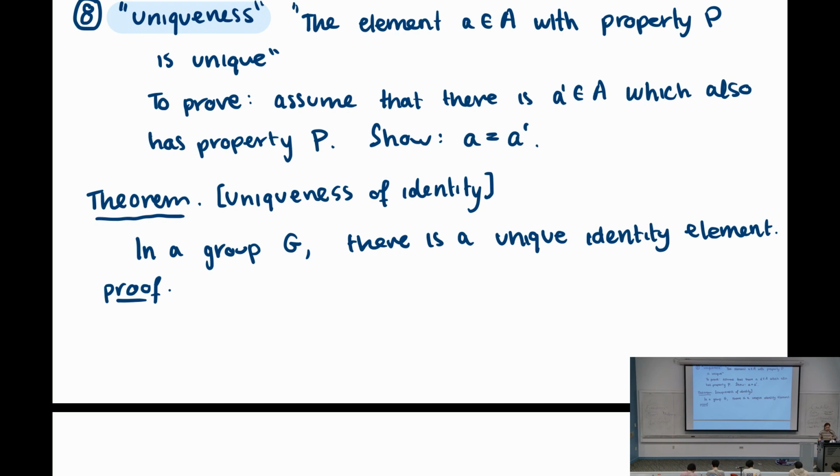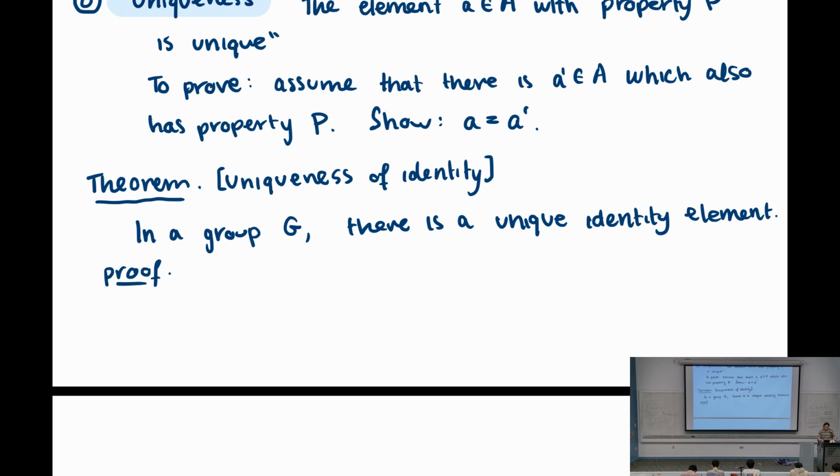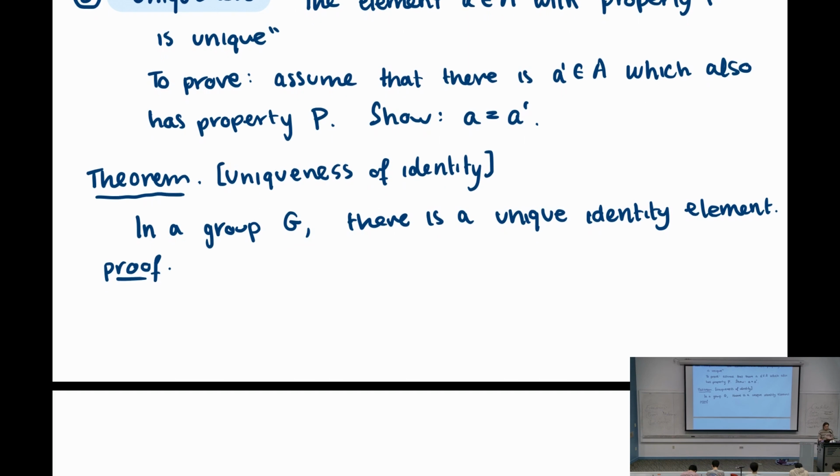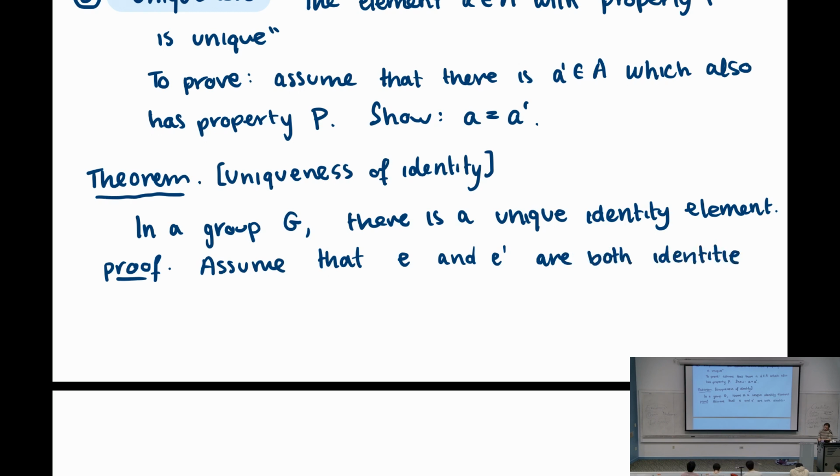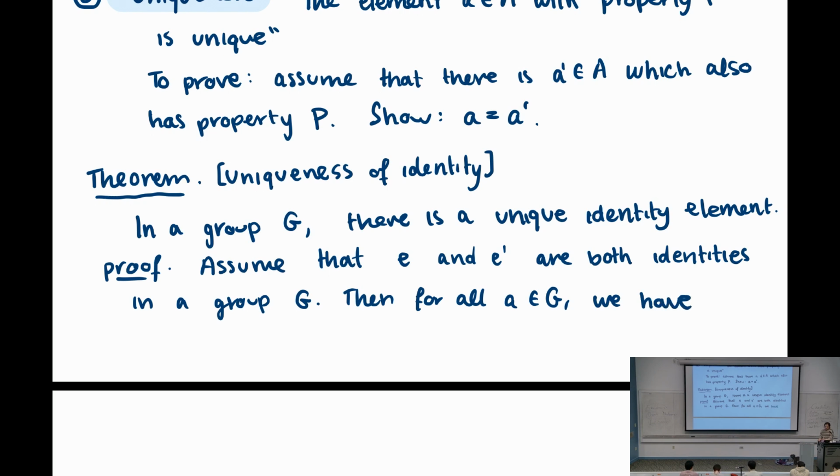Okay, so let's go ahead and prove this. To start off, we'll assume that e and e prime are both identities in a group G. So then what we know from that is that for all a in G, we have the following two things.